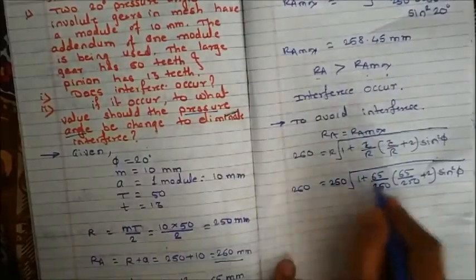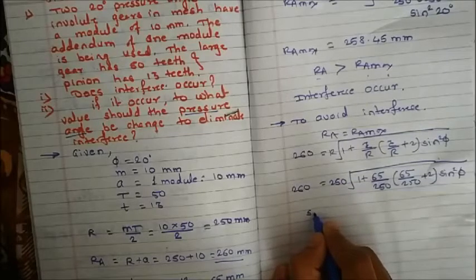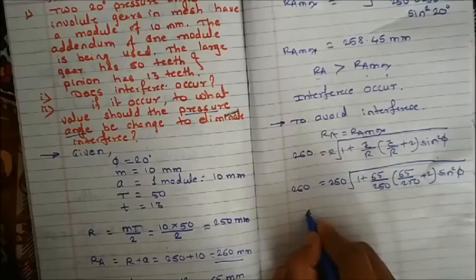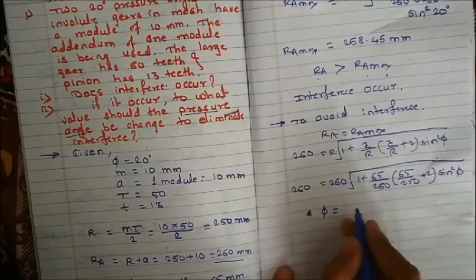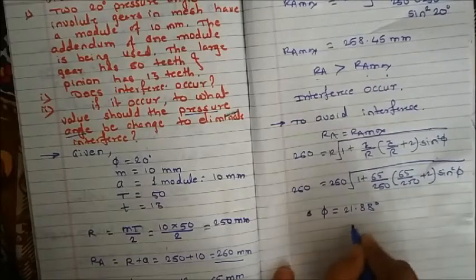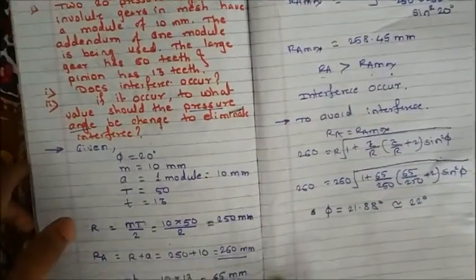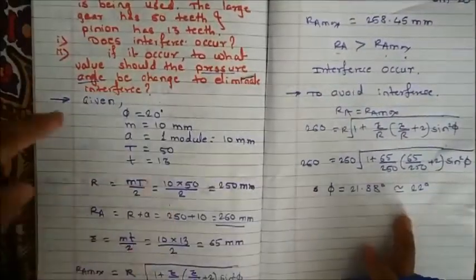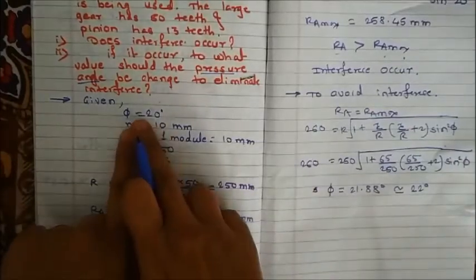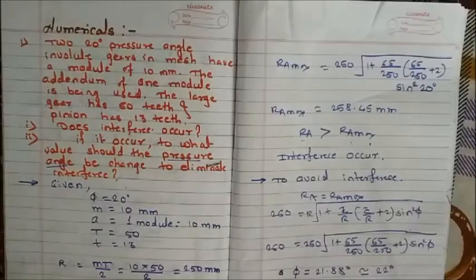After solving this, by squaring on both sides, I'll directly write the answer. Phi is equal to 21.88 degrees, which is approximately equal to 22 degrees. It means that in order to avoid interference, we need to increase the pressure angle by 2 degrees.